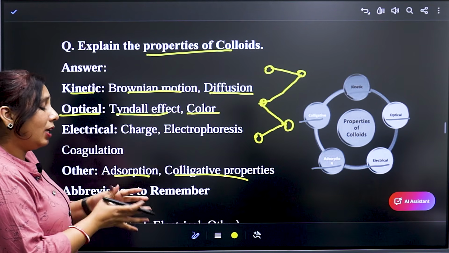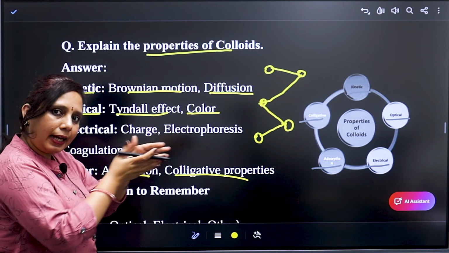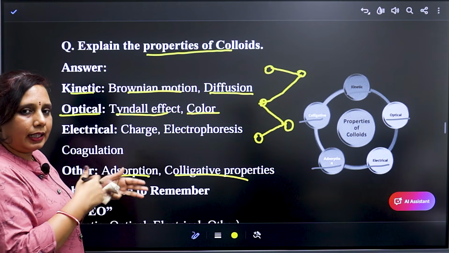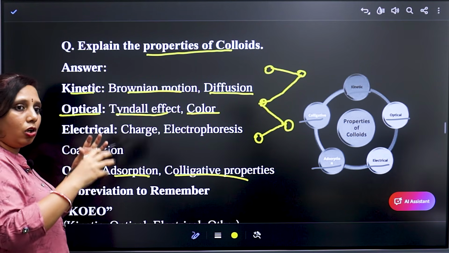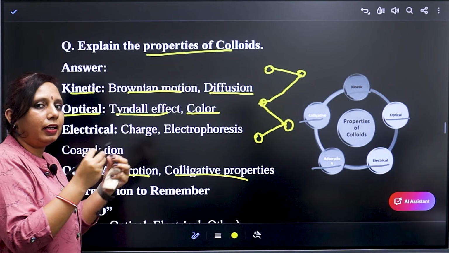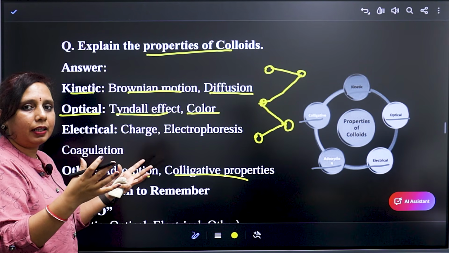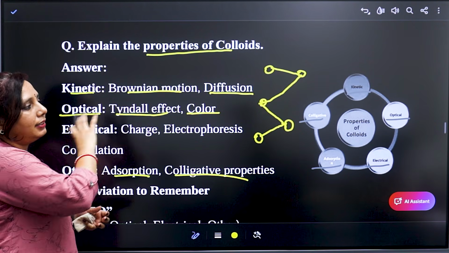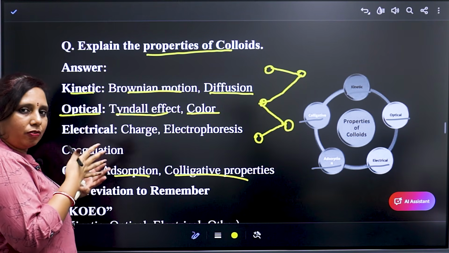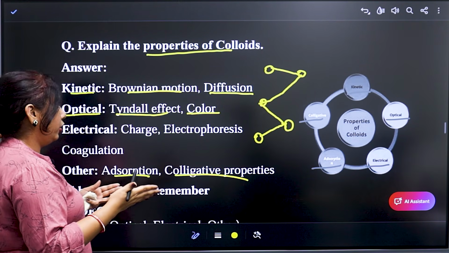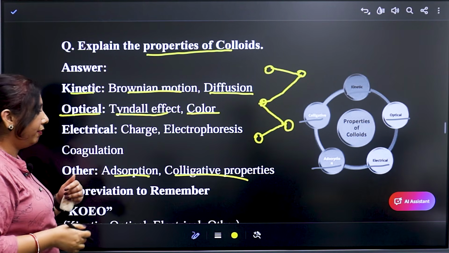Because the colloidal particles scatter the light, we can see the whole path of the light ray passing through the solution. So that is called Tyndall effect.